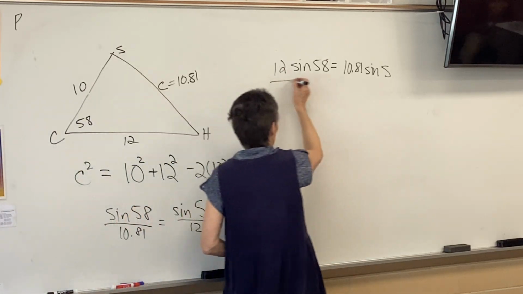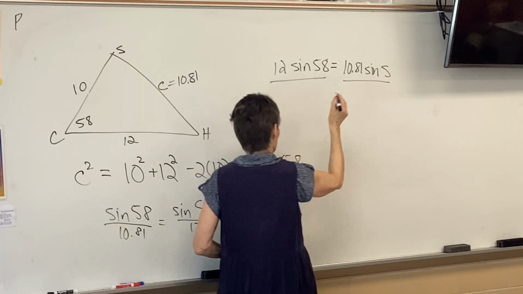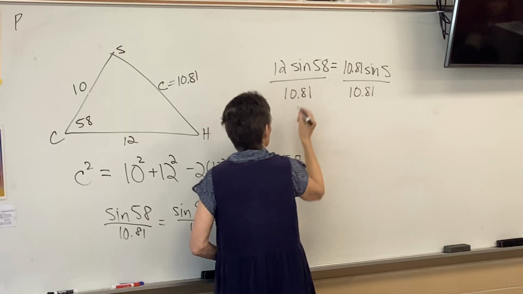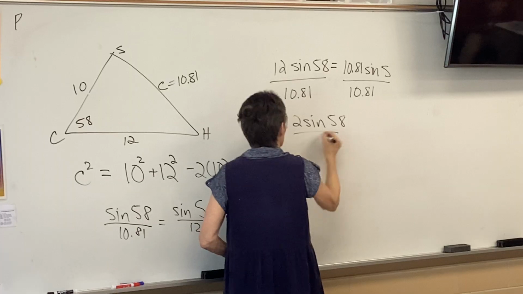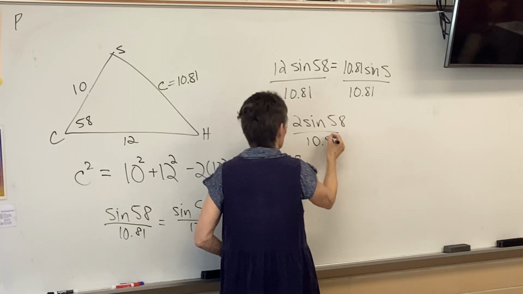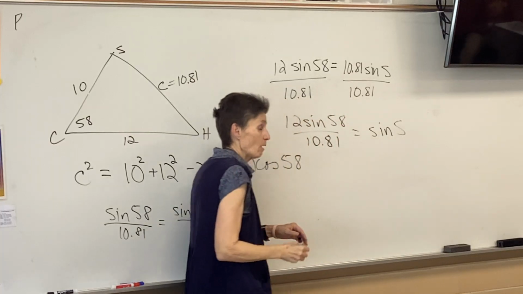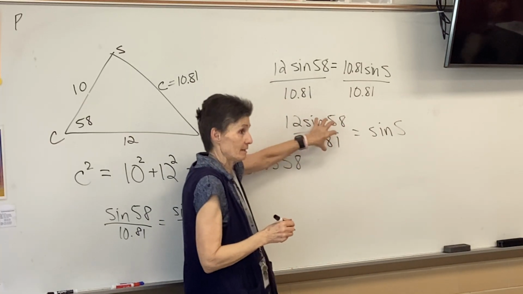And what am I going to divide by? 10.81. So 12 sine 58 over 10.81 equals sine S. Now, kids, do not just type this in.